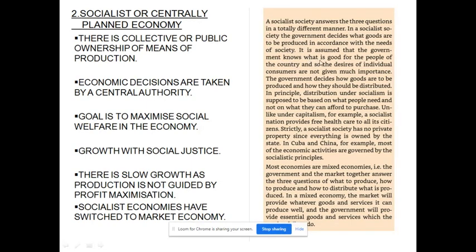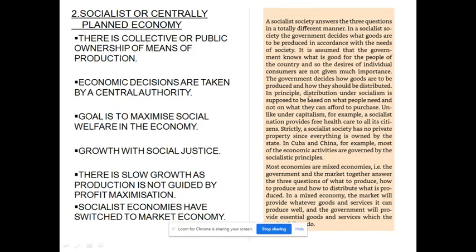It is assumed that the government knows what is good for the people, and the government decides how goods are to be produced and how they should be distributed. And the principle of distribution under socialism is based on what people need and not on what they can afford to purchase. So this takes care of the point that growth should be with social justice.